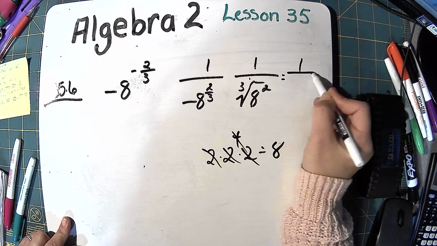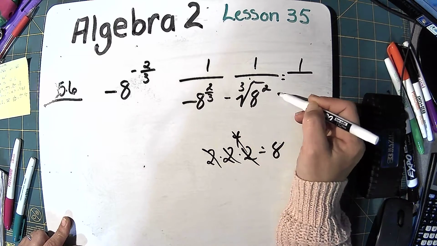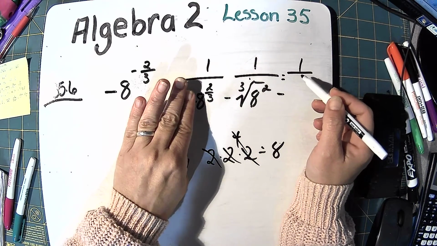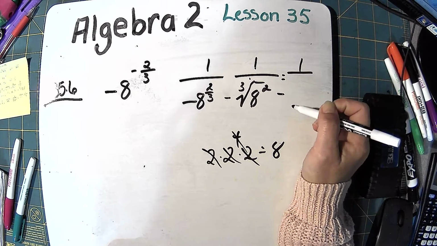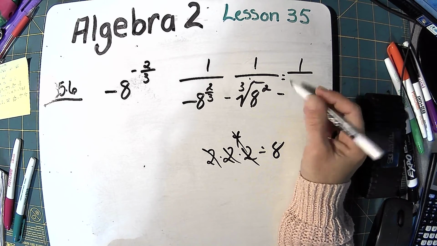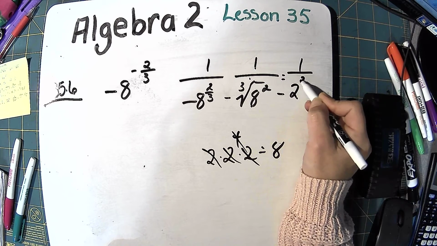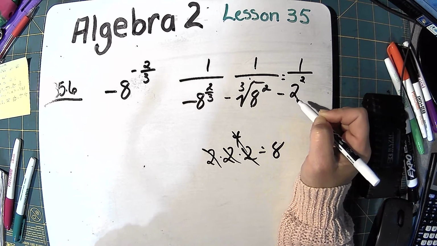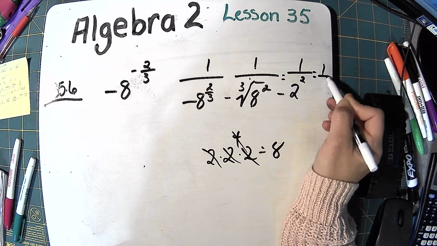So it's going to be 1 over, and that's still got a negative sign. Negative, see, I can cover that up. I'm not including it in my rooting here. All right, so I've got 2 squared, okay, and then 2 times 2 is going to be 4, so that is negative 1/4.